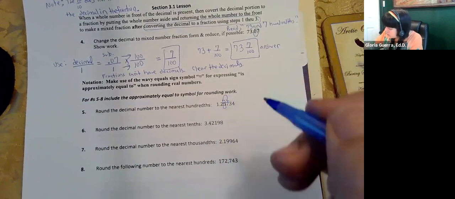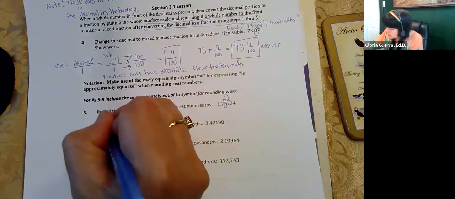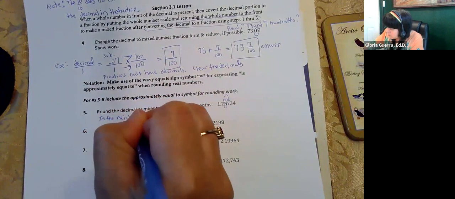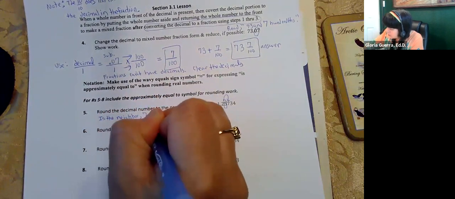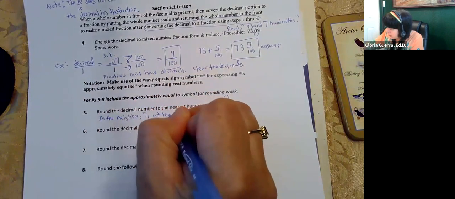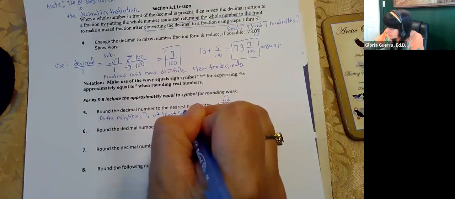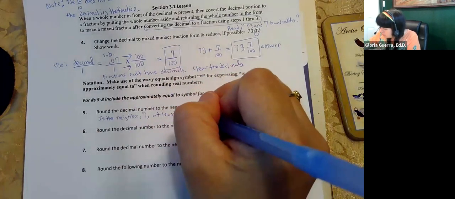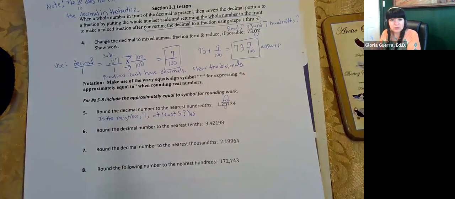And the question is, is the neighbor 7 at least 5? That's the big question, yes or no? And you can say, yeah, the neighbor 7, yeah, that's 5 or more, 5, 6, 7, yes. Okay, so then what do we do about it?